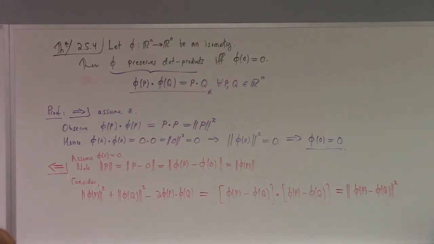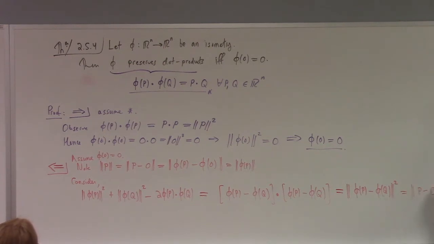But remember, before either of the purple or the red part of the proof, there was the black part of the proof, which as a precondition, the precondition we're assuming throughout this, is that phi is an isometry, right? That's assumed from the start and for both parts. That's given at the start of this. Phi is an isometry means that the length of phi of p minus phi of q is equal to the length of p minus q, because isometries preserve distance between points.